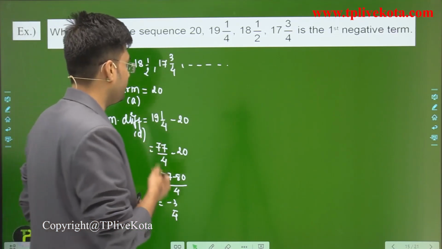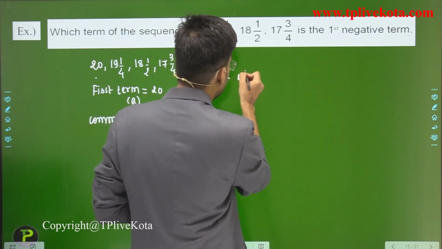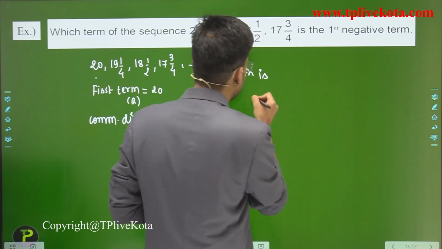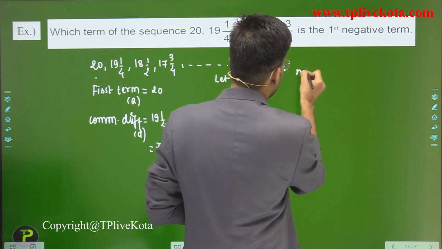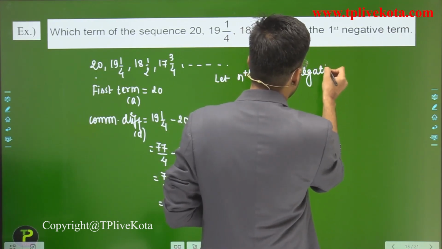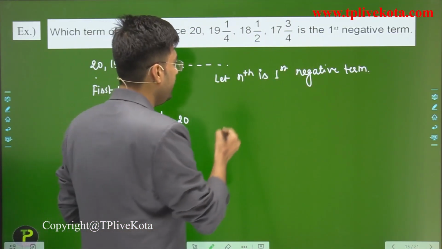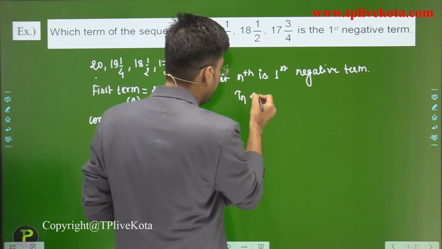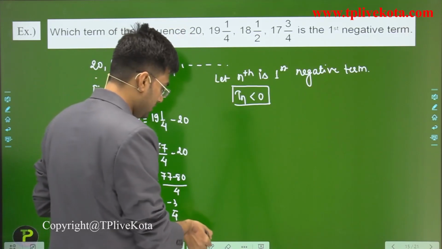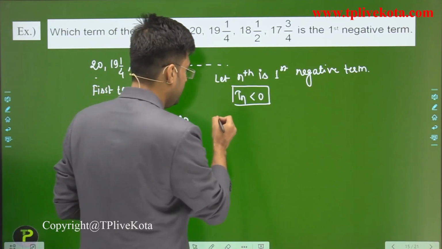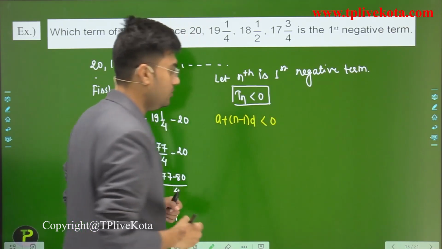Okay, now let the nth term be the first negative term. Then students, we can write Tn should be less than 0, and we know that Tn is a plus n minus 1 d, which should be less than 0.